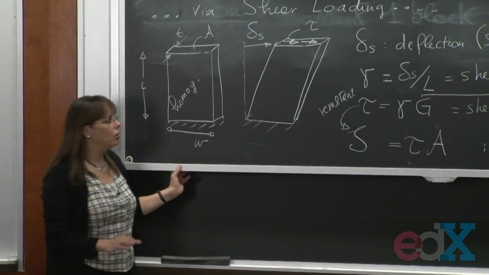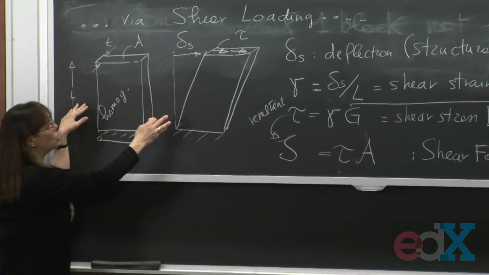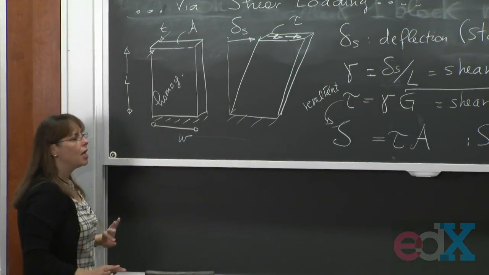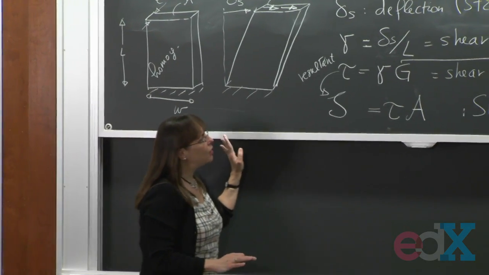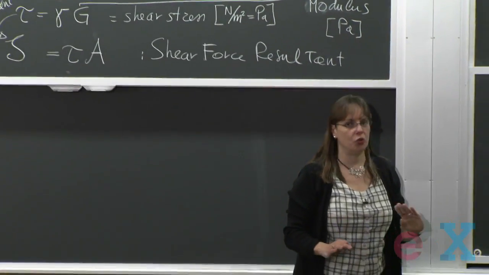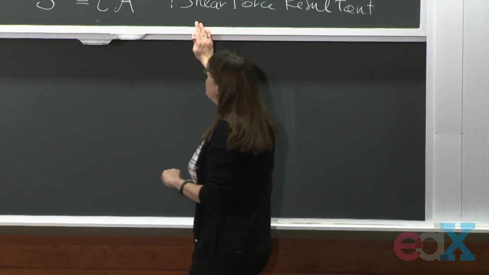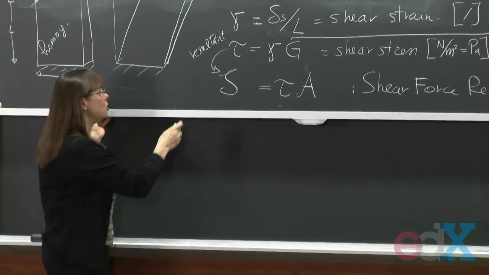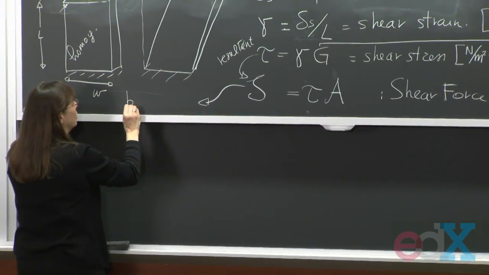Okay? So remember that this is not our destination. Our destination is not to learn about shear loading of a slab of material. Our destination is torsion. So this is kind of like a passing along. We're passing along into shear, but we're really heading on to torsion. So the shear force resultant, for now, you just bank it in your brain, because it is going to pop up again when we do bending.